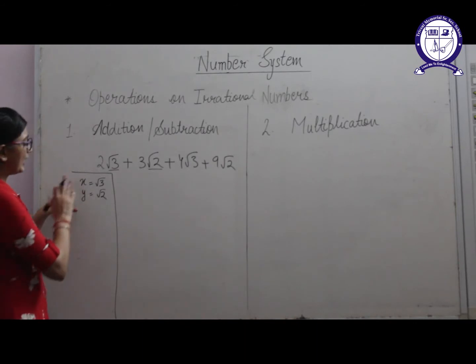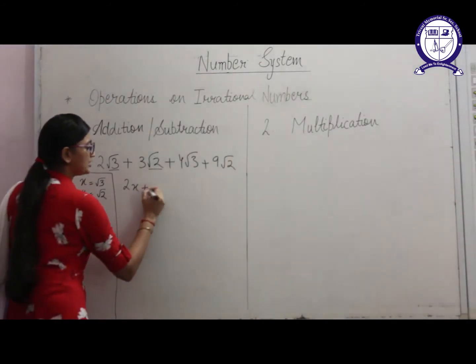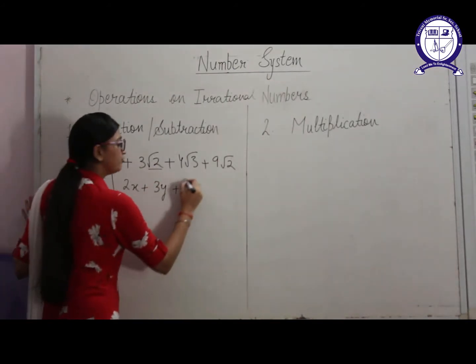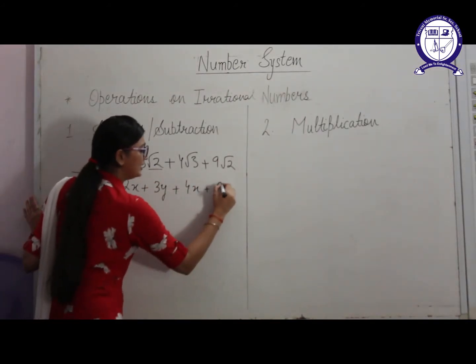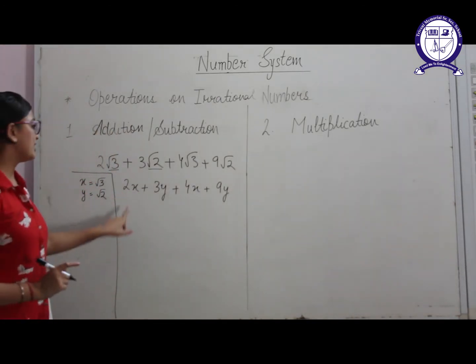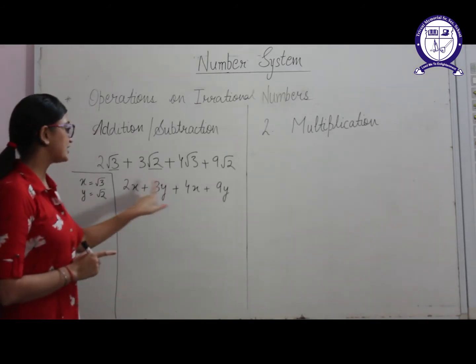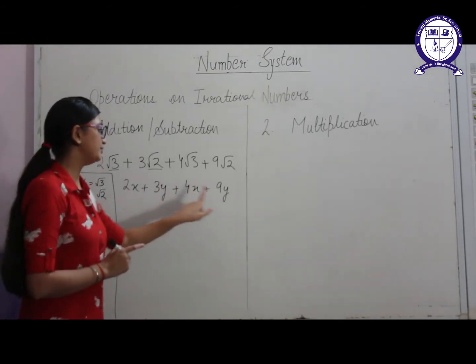So if I take x as root 3 and y as root 2, the question will become 2x plus 3y plus 4x plus 9y. Right? We know that in an algebraic expression, x cannot be added to y. x can be added to x and y can be added to y.